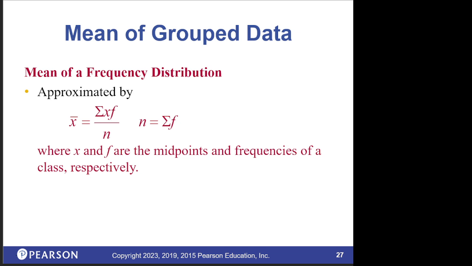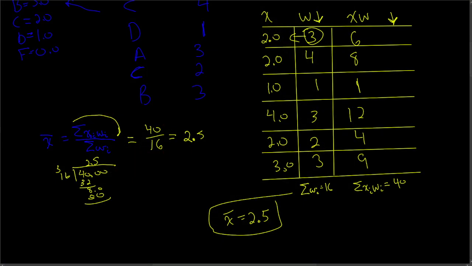We don't know what values go into the class. So we can take the midpoint of the class and multiply it by its frequency, and that gives us an approximation of the mean. So let's use this formula in an example here.